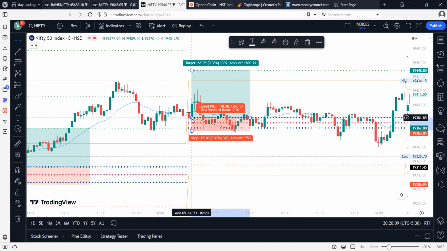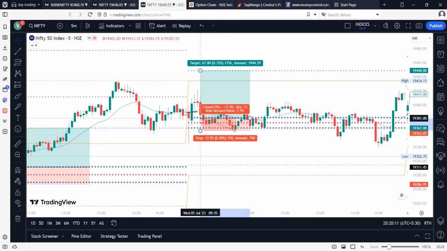This is the plan. Right after the market opens you have to put this, and if the first 5-minute candle is a bullish candle, you can take the trade here. At this point you can take the trade, put the stop loss below the CPR and wait to take your profits at the R1.